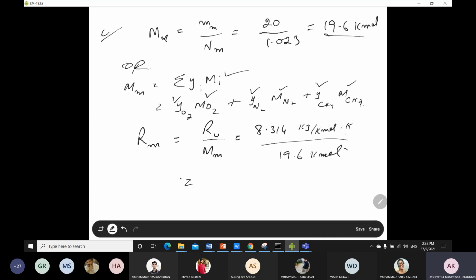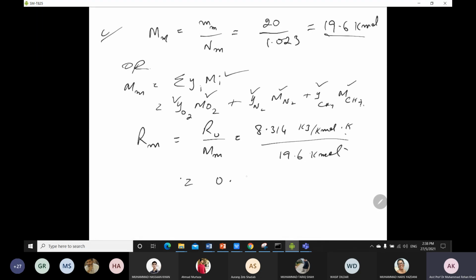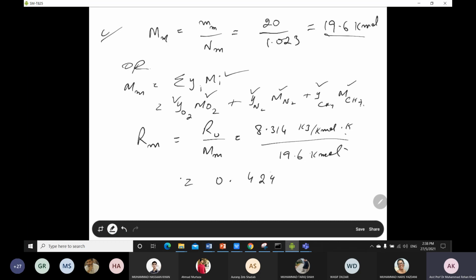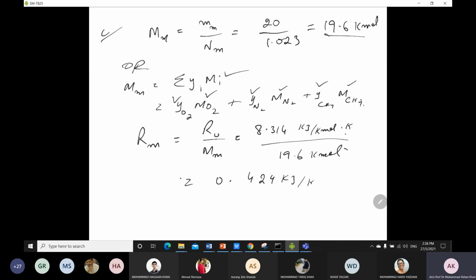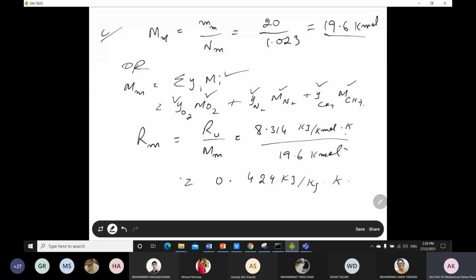From the solution you will get 0.424 kilojoule per kg Kelvin. So this is the solution for part C.